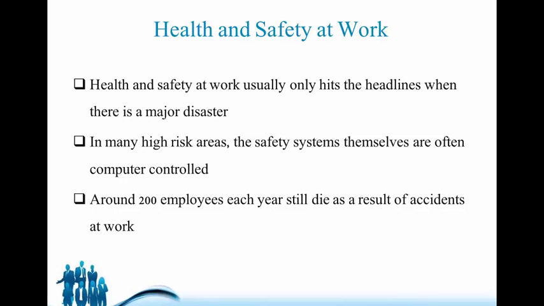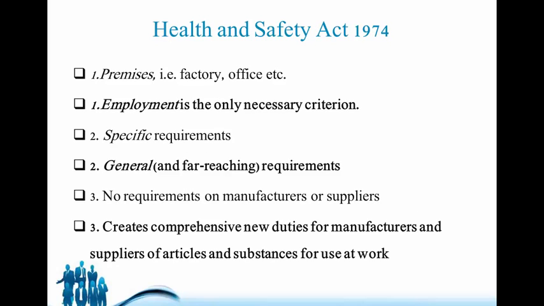Next point is it is seen on average that around 200 employees each year still die as a result of accidents at work. Next topic is Health and Safety Act 1974. Before 1974, many safety acts were made to safeguard people at work.